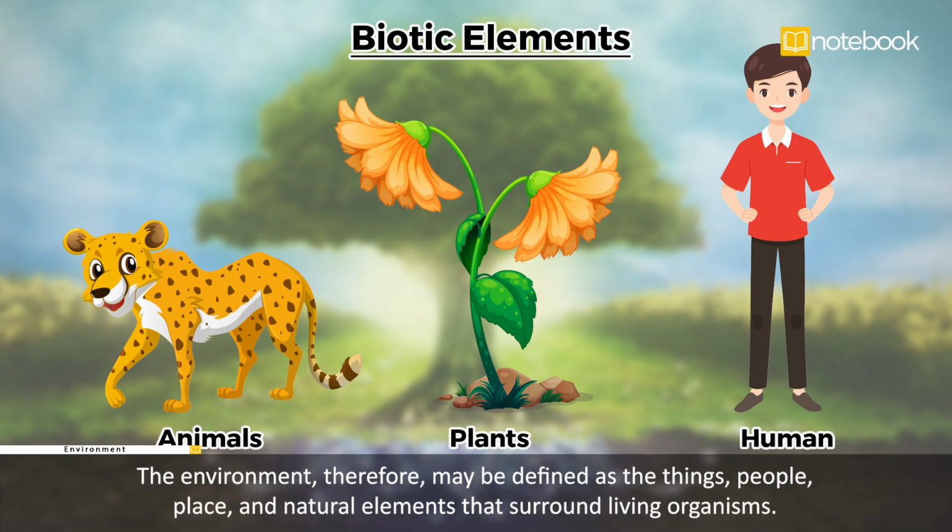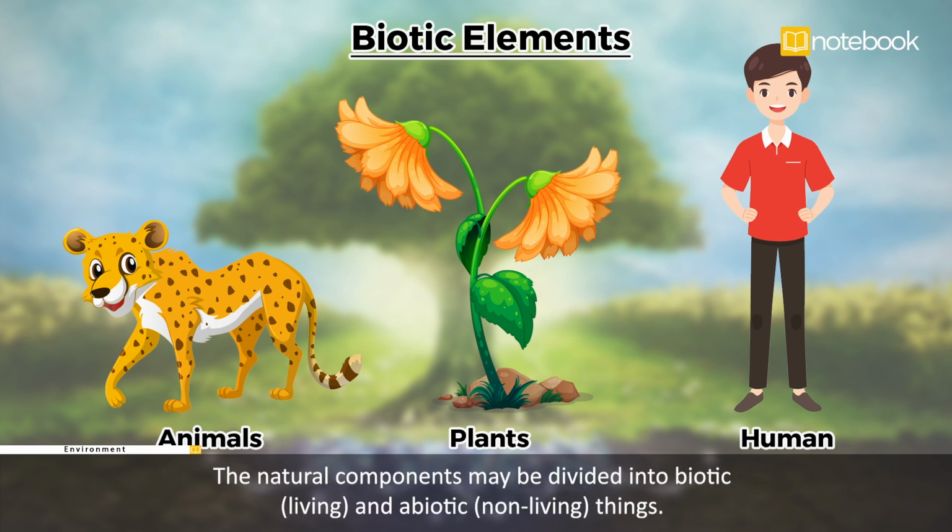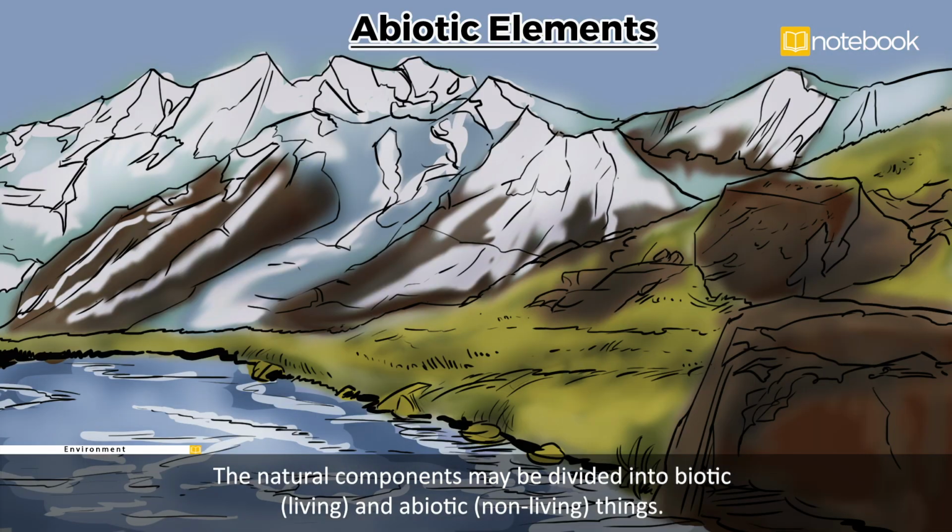The environment, therefore, may be defined as the things, people, place, and natural elements that surround living organisms. It consists of natural components as well as human-made phenomena. The natural components may be divided into biotic, living, and abiotic, non-living things.